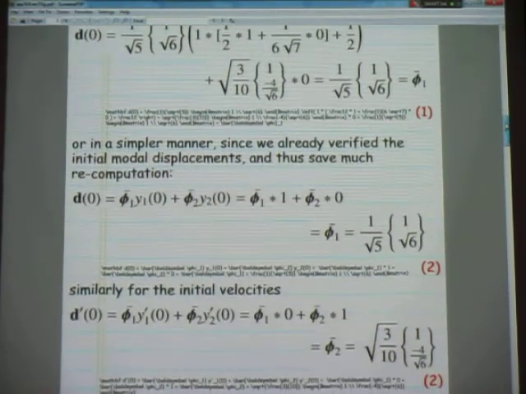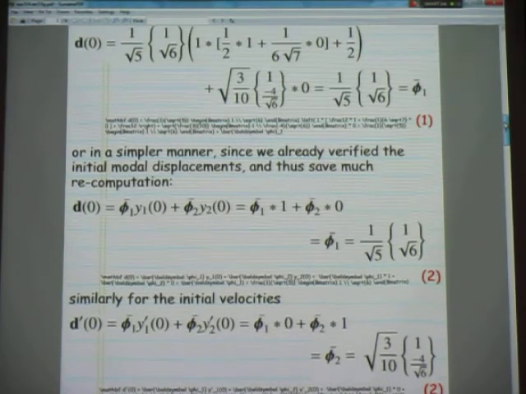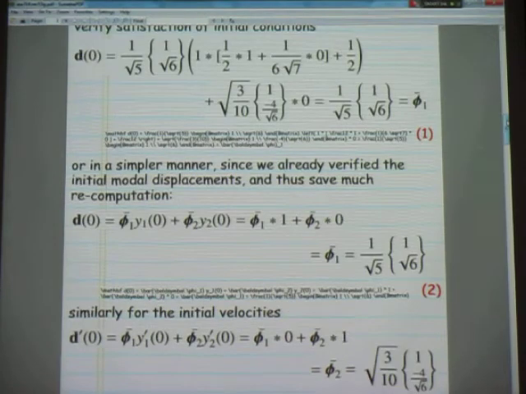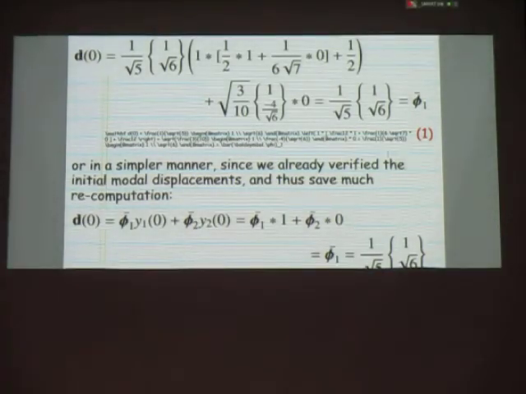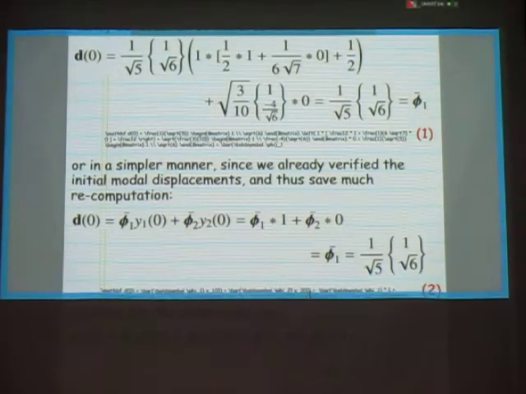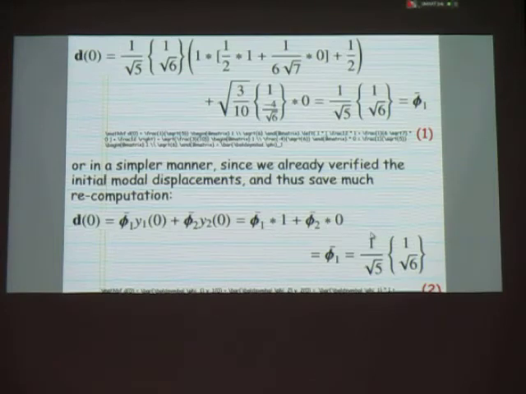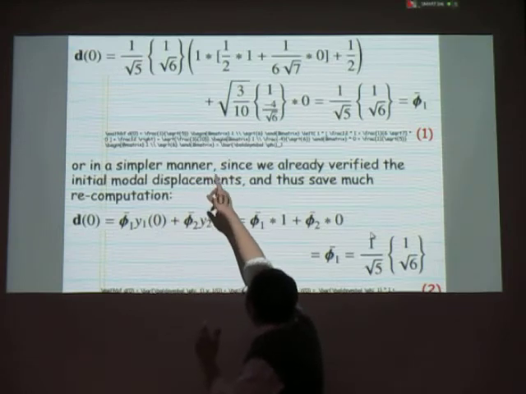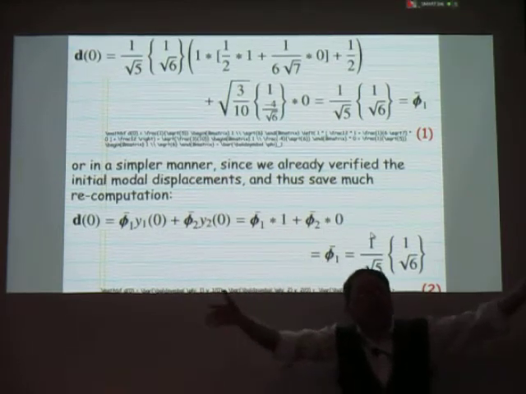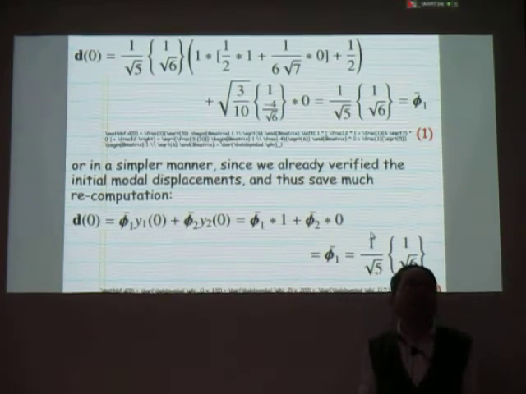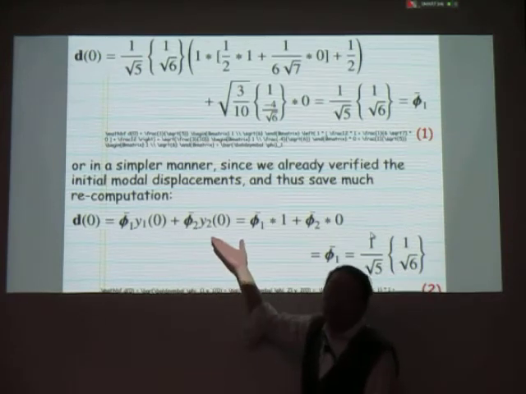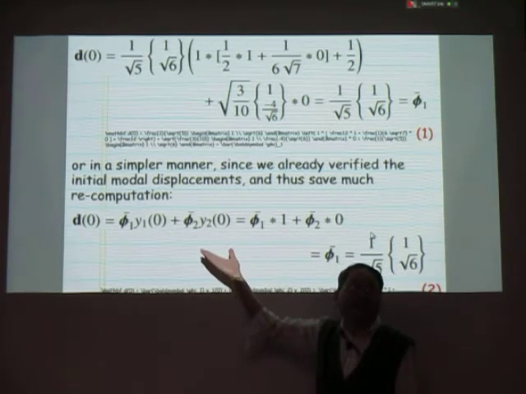Then you do the same for the initial velocity. Here, before verifying the initial velocity, I showed you a more clever way instead of the longhand, with all of these terms and numbers. This is a beautiful way to do it.